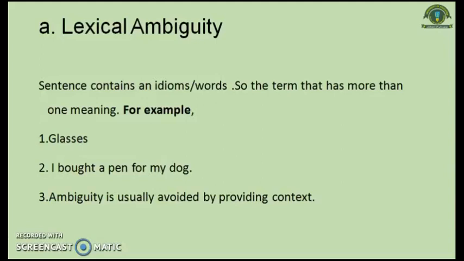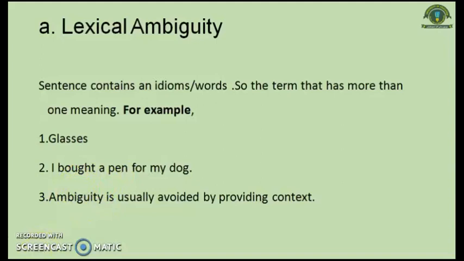If we consider it a pen to write with, it will definitely create an ambiguity. But if the pen is used as a cage, then it sounds good. If we say, I bought a cage for my dog, it sounds good. This is why we say that interpretation is not entirely clear in lexical ambiguity.